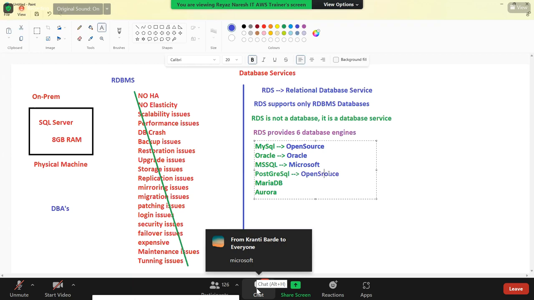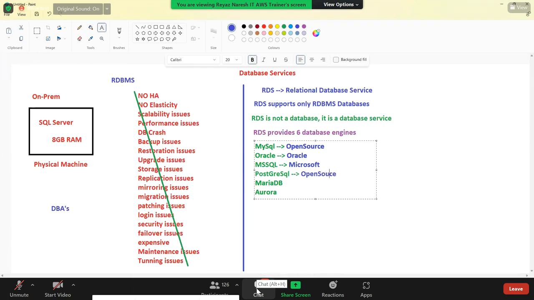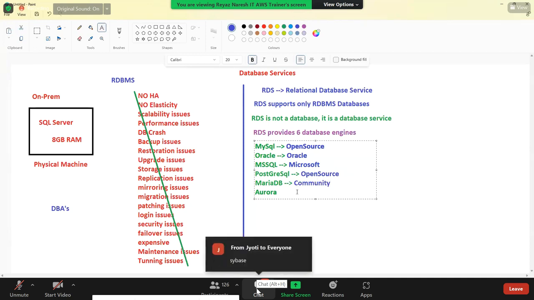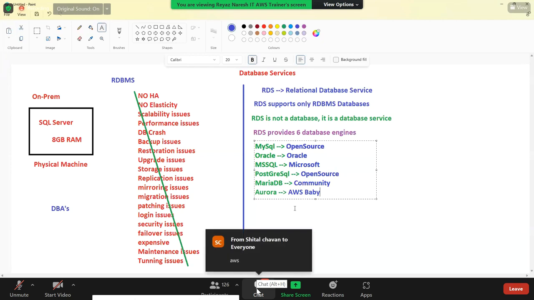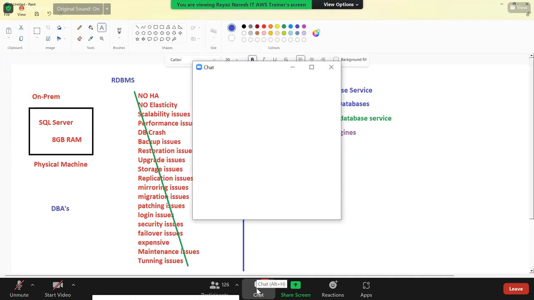MariaDB is community-based. And Aurora, guys, it is Aurora, not Agora. Aurora is AWS, baby. Who is the owner of Aurora? AWS. AWS has its proprietary database engine that is called Aurora.